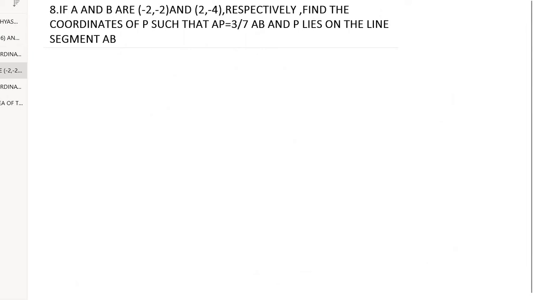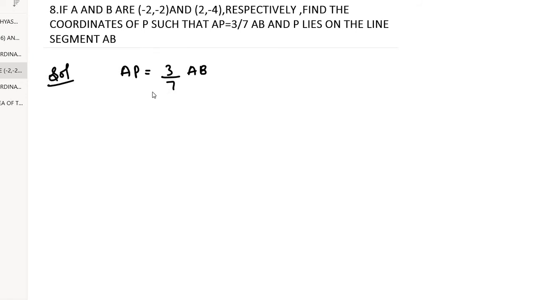If A and B are (minus 2, minus 2) and (2, minus 4) respectively, find the coordinates of P such that AP is equal to 3 by 7 AB and P lies on the line segment AB. So, what is given first? AP is equal to 3 by 7 AB. Now I am going to find the ratio of that.